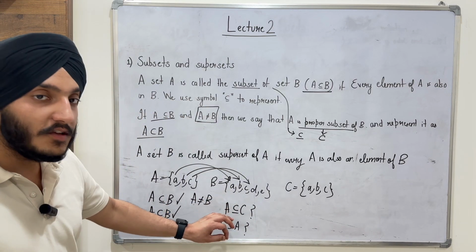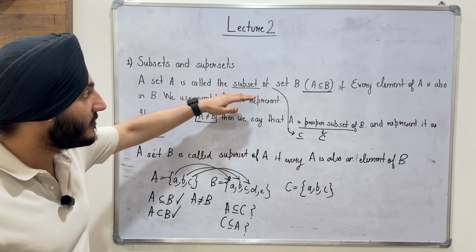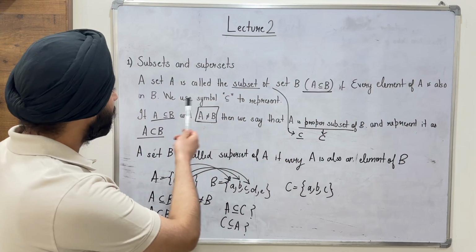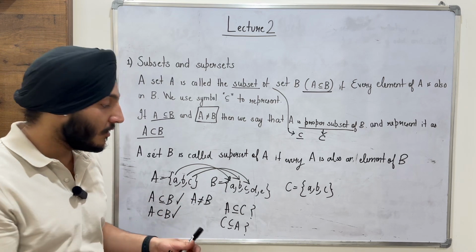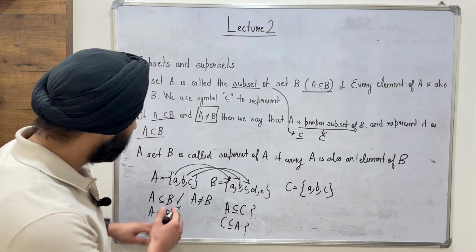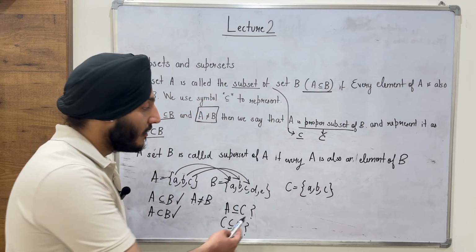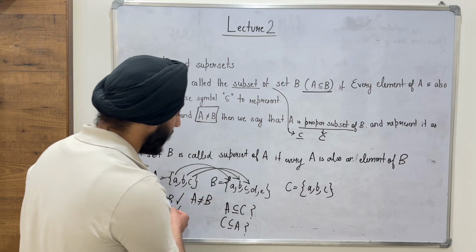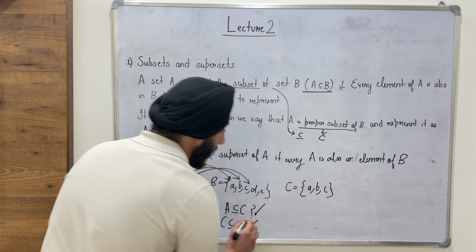The answer to both these questions would be yes, right? Because according to the definition of a subset, every element of a set should be in the other set in order for that set to be the subset, right? That's kind of the definition. So we can see that every element of A is in C and vice versa as well. Every element of C is also in A. So hence, I can say that both these statements are true.